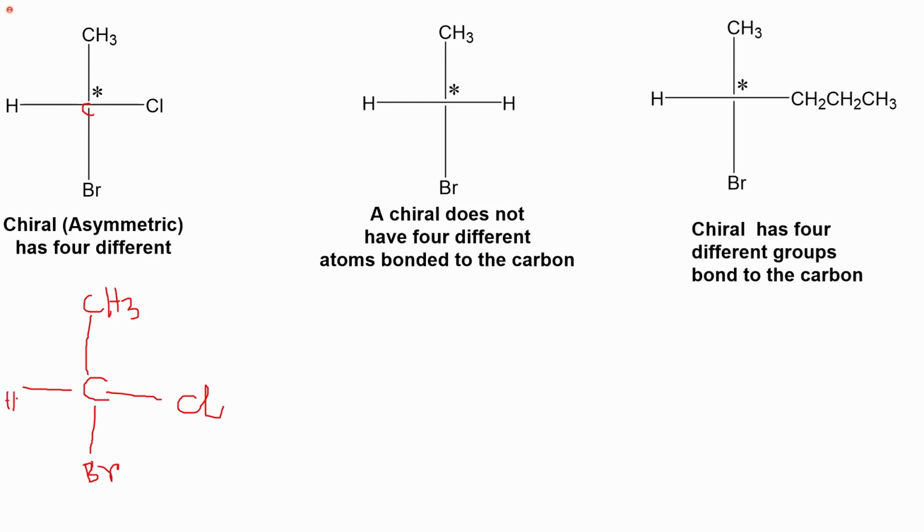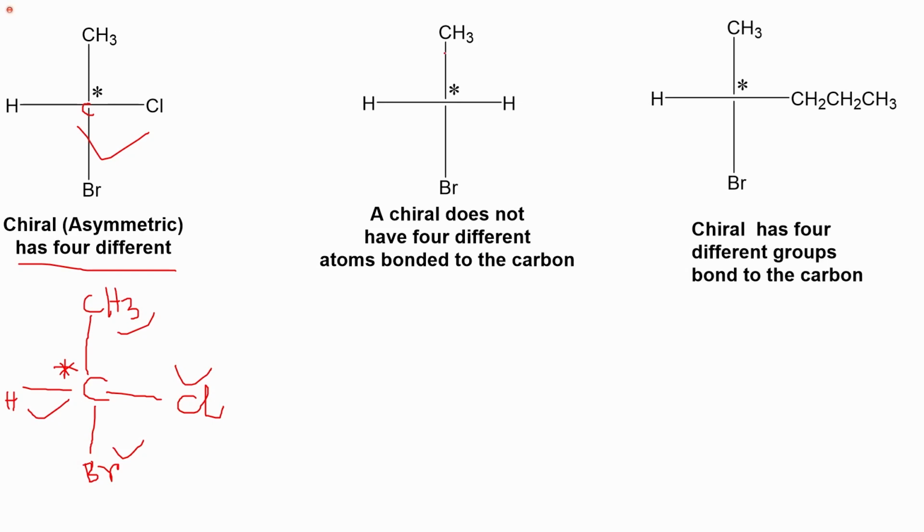If I consider only this molecule, you can see it is chiral. Why? The carbon has four different atoms attached, each different from the others, so it can be called a chiral center.